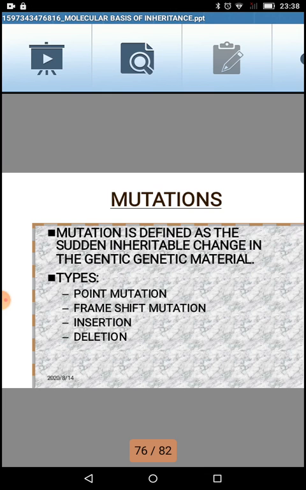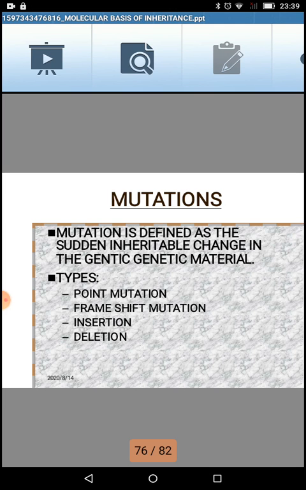So the chance of any mistake in DNA replication is very rare, or you can say nil. But still, DNA replication can make some kind of mistake, or some amount of inheritable change might occur, and that is called mutation.